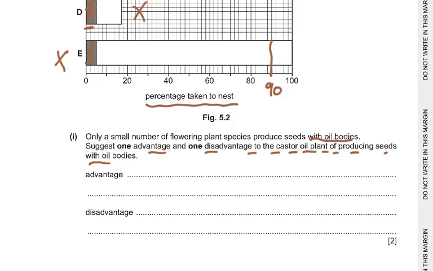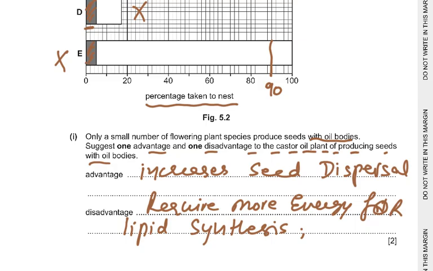Lipids need lots of photosynthesis resulting in glucose, then respiration and the release of energy, and the formation of fats or lipids. So the advantage is increased seed dispersal, and the disadvantage is that it requires more energy for lipid synthesis.